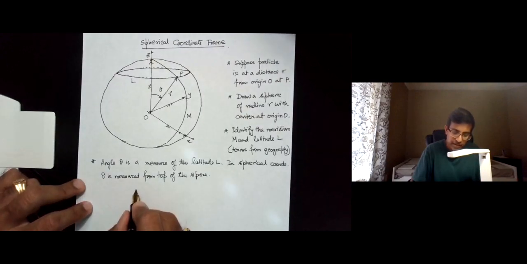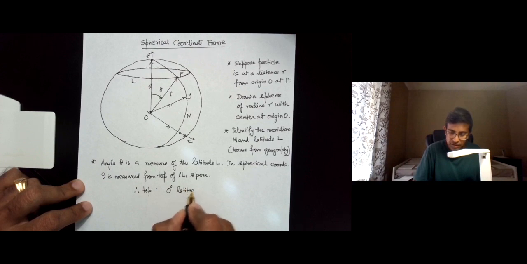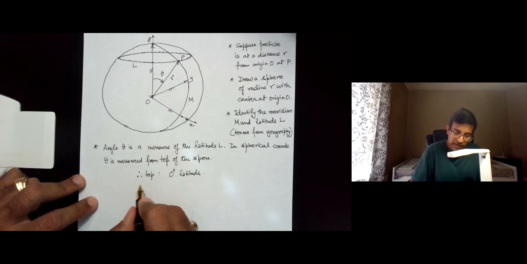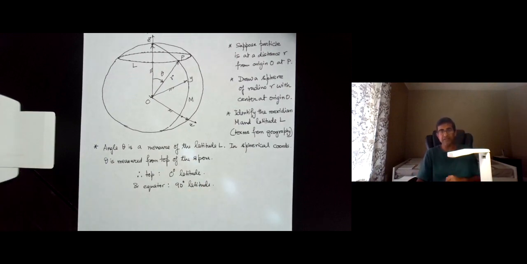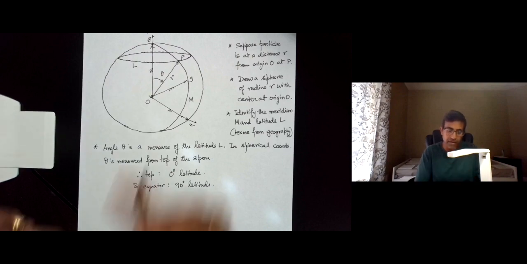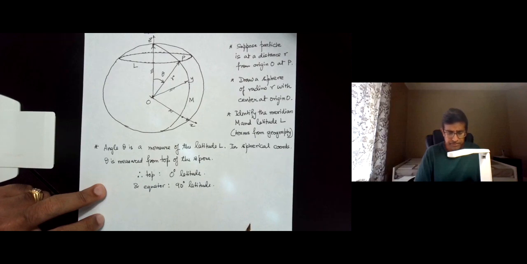So basically then the top of the sphere corresponds to 0 degree latitude, and the equator is the 90 degree latitude. So that's a subtle difference. As you can see, we use the top as the 0 degree latitude and the equator as the 90 degree latitude.